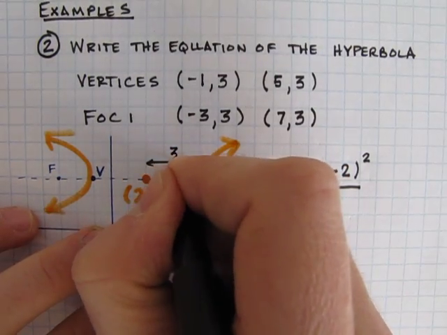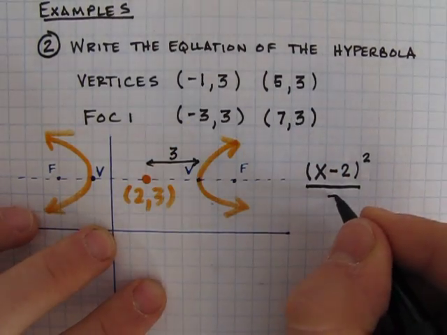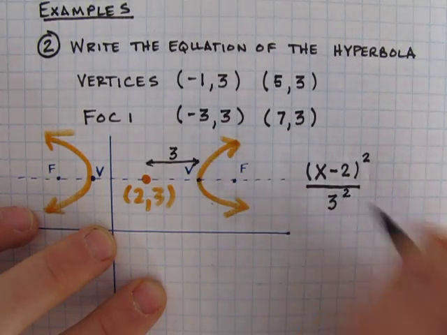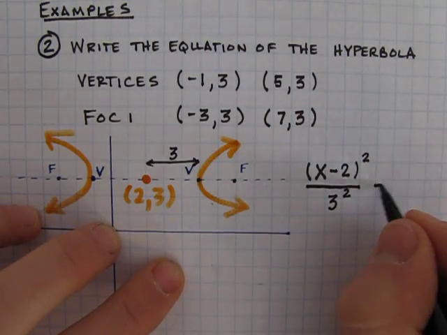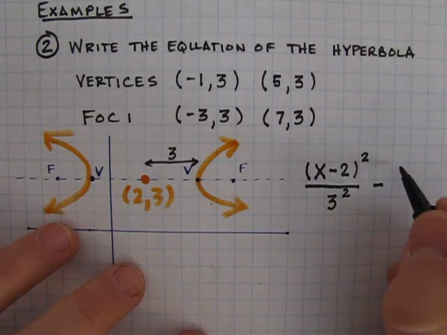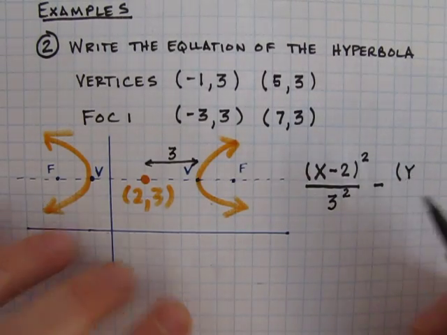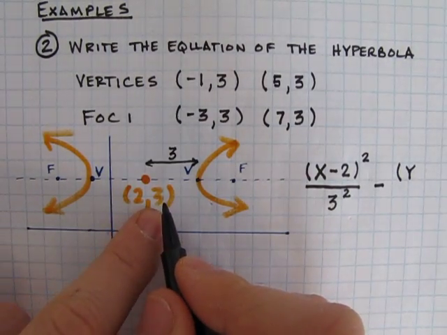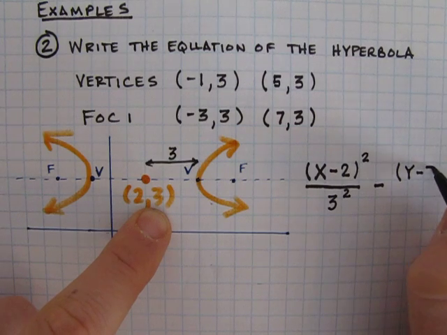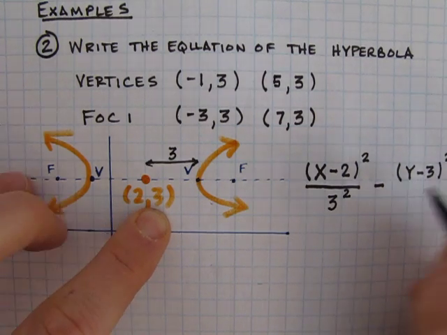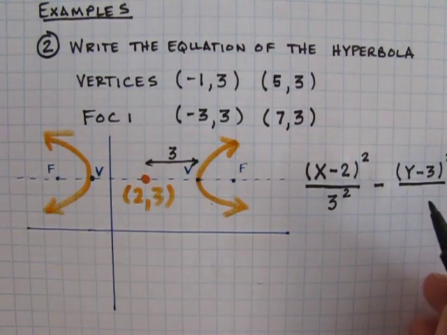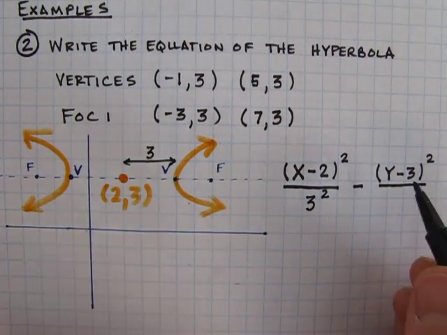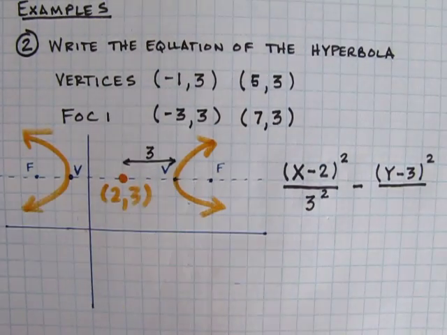So in this case it's 3, which tells us that this is going to be 3 squared. Minus y. The center has a value of 3 for y, so y minus 3 squared over, and now we're in just a little bit of trouble because we don't know the number that's going to go right here.